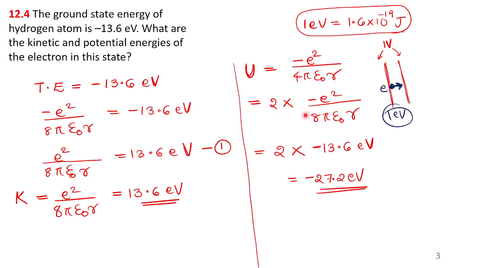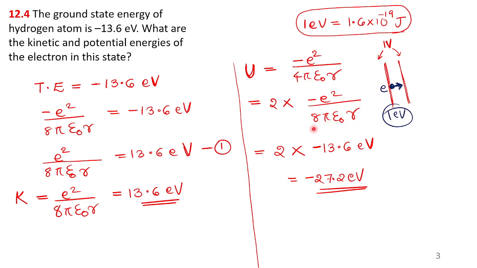If I write 2 by 8, the 2 will be cancelled and you will get 4 in the denominator. So this expression can be written as 2 times minus E square by 8 pi epsilon 0 r. Is that okay?